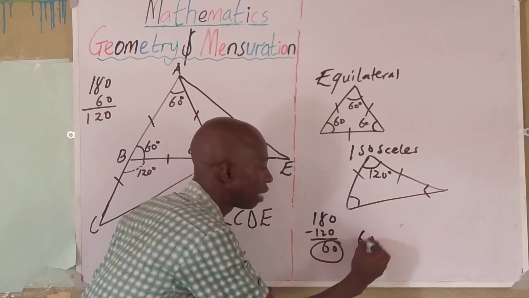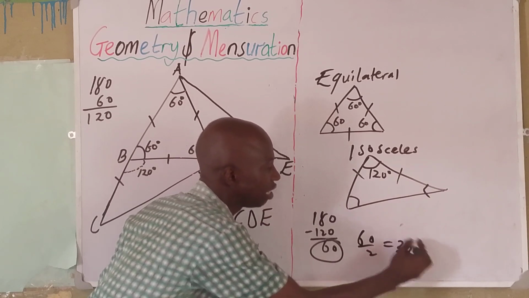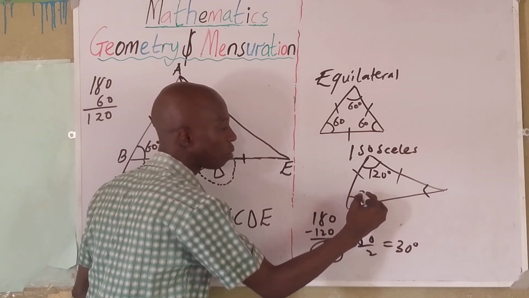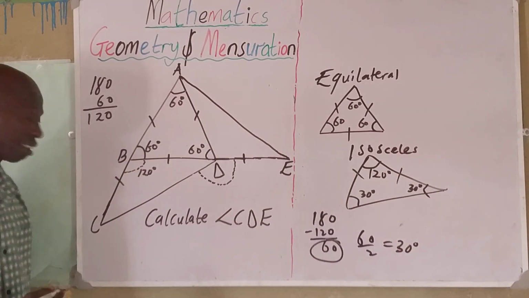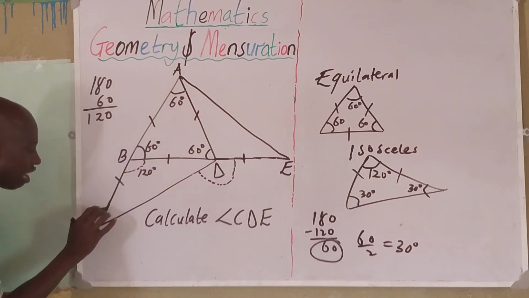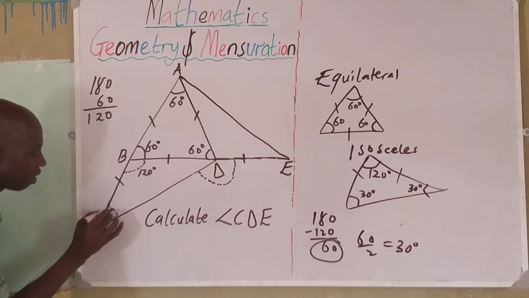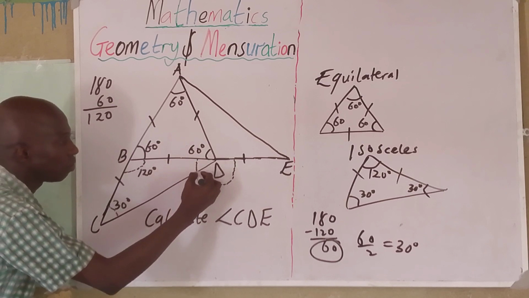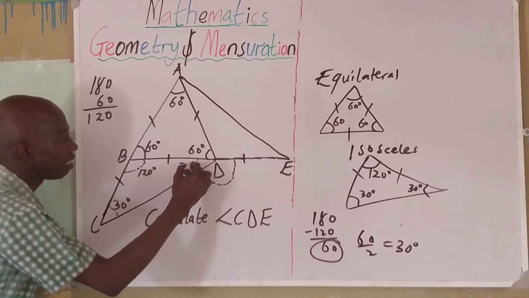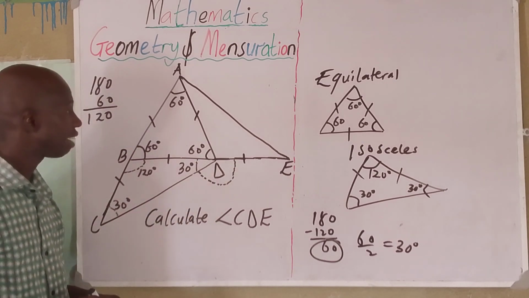So I'll divide the 60 by 2 to get 30 degrees. It means here will be 30 degrees, and here will also be 30 degrees. I think that's clear now, right?